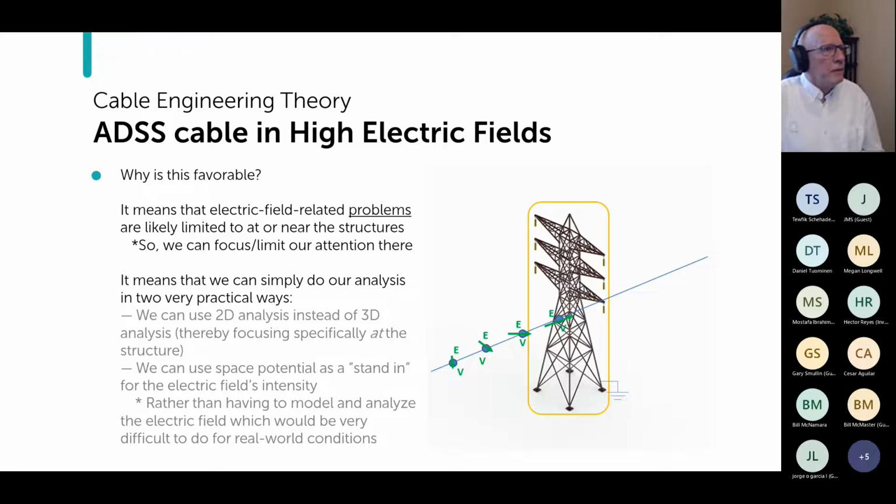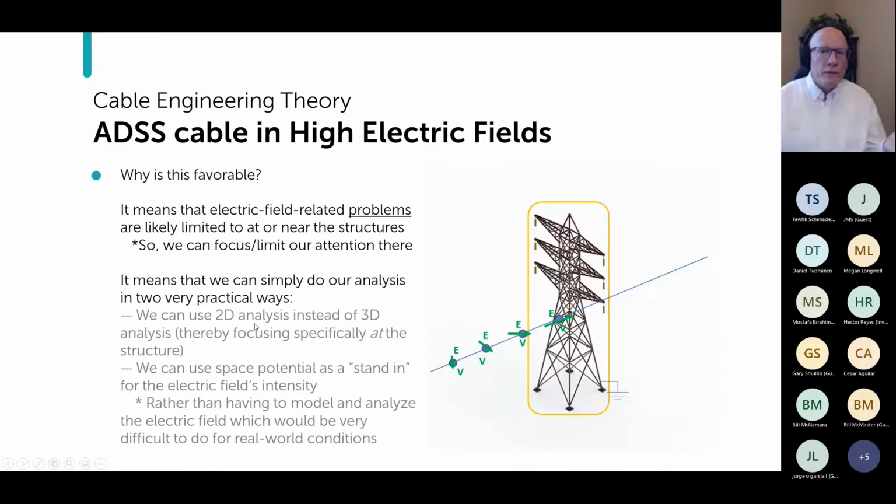Well, it depends upon the current. Well, but the current depends upon the resistance of my body. I have no idea what that is. But I can know the 1,000 volts, and I can know, well, 1,000 volts is a big number. That's probably dangerous. And we're going to use space potential in a similar way. Rather than look at the electric field, we can say a high number for a space potential tells me be cautious, that's dangerous.